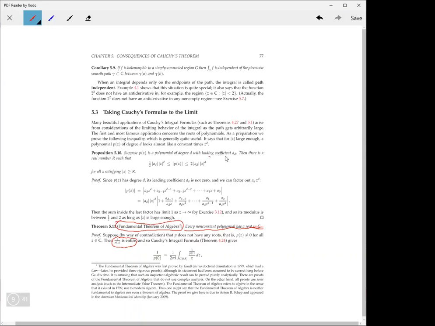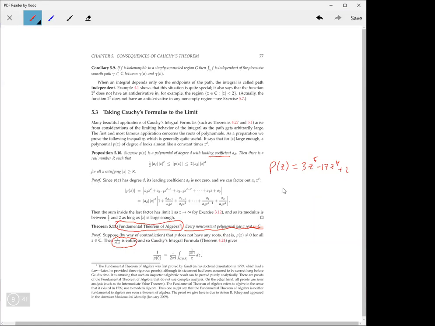Now, what happens with polynomials is you have a leading coefficient. Here they do it generally, but let's just take an example. Let's say P(z) is 3z to the 5th minus 17z to the 4th plus 2, something like that.